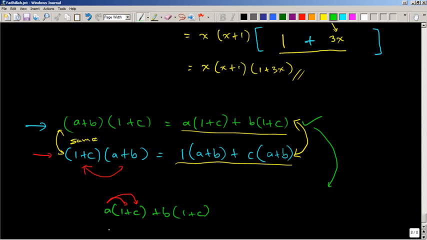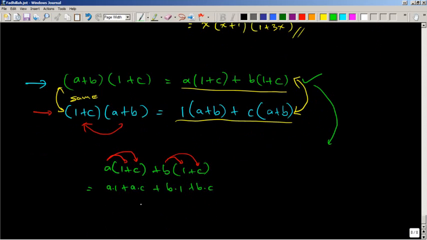Dia akan jadi A multiply with 1 campur A multiply with C campur B multiply with 1. Now we expand yang ni pula. Plus B multiply with C. Betul tak?